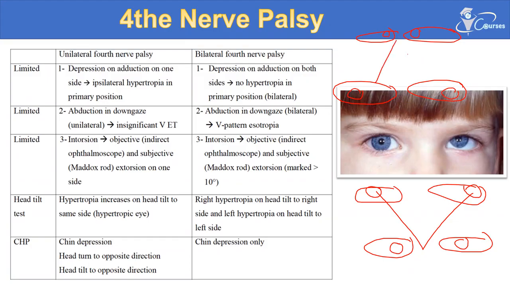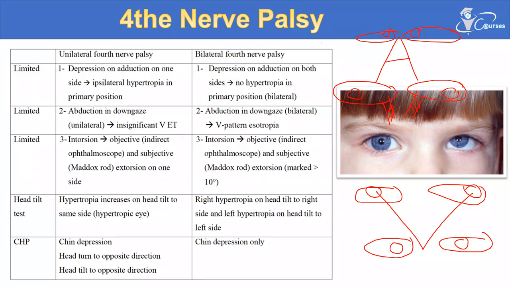This is caused by superior oblique overaction. The superior oblique is a depressor, so if it is overacting, it will cause more abduction in depression, leading to more exotropia on depression, giving the A pattern. Okay, so this is just to describe what is meant by V pattern and A pattern. There are other patterns that we are going to discuss later on, but this is just for now.